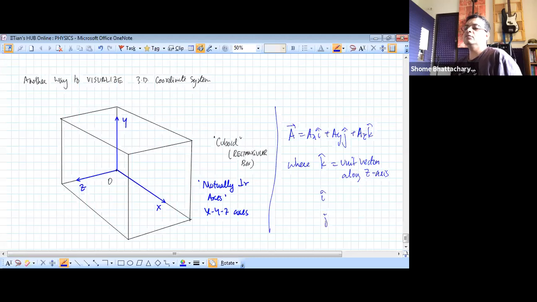I cap and j cap are the same as they were before. They are unit vectors along x axis and along y axis. But the new one in addition is this. And similarly, Ez is what we call the z component of the vector.